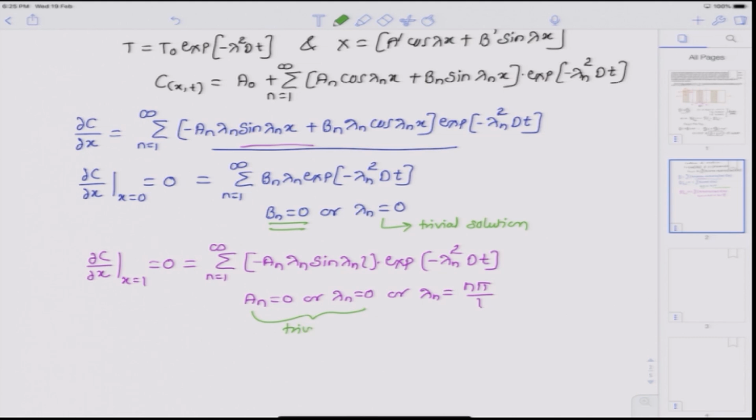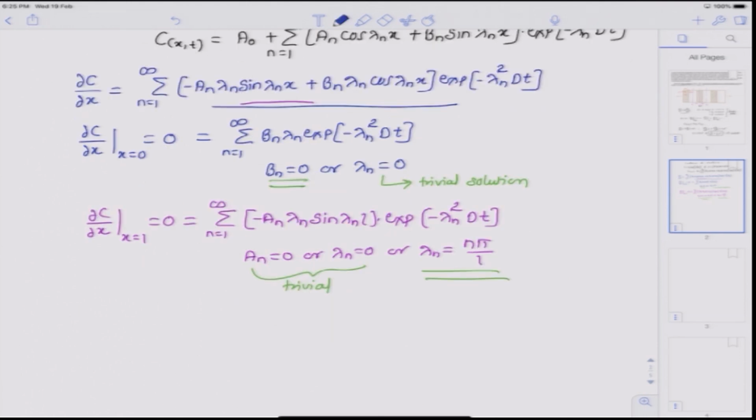So, this will yield a trivial solution. So, we have lambda n is equal to n pi over L, and so we get c of x t is equal to a 0 plus sigma n equal to 1 to infinity a n cos of n pi x by L.